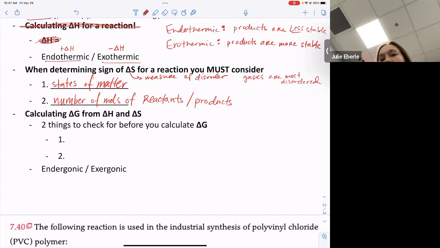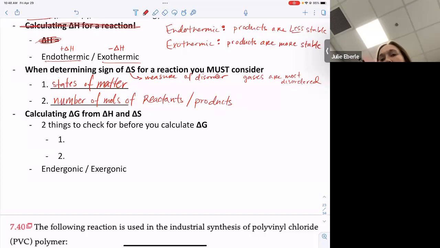Is this a decomposition reaction? Is it a combination reaction where you're making fewer moles of stuff on the product side? My favorite analogy is, consider a decomposition reaction. You've got one reactant making two products. Which one's more disordered? Dealing with one kid or two kids? Those are easy ways to tell, counting the number of moles of reactants or products.